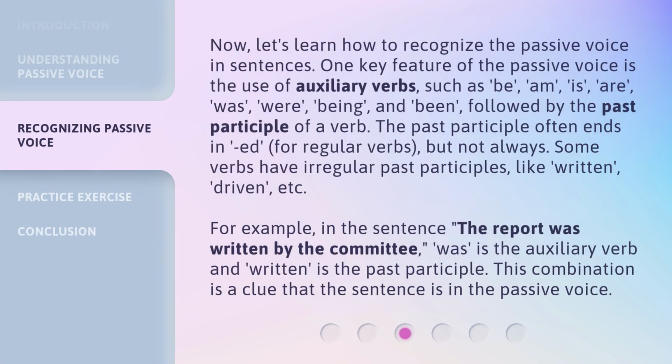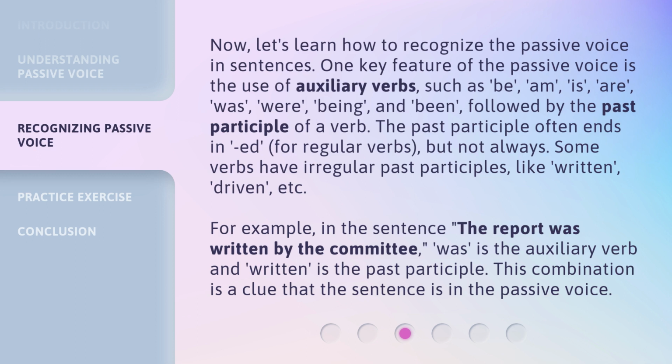Now, let's learn how to recognize the passive voice in sentences. One key feature of the passive voice is the use of auxiliary verbs, such as be, am, is, are, was, were, being, and been, followed by the past participle of a verb.